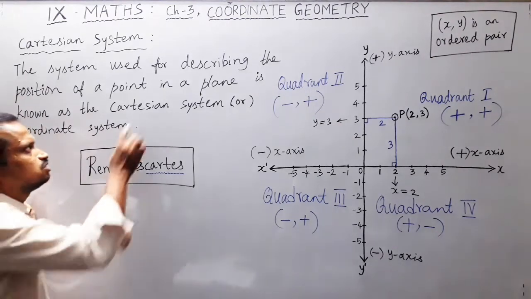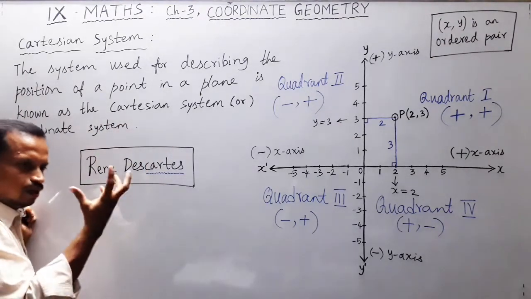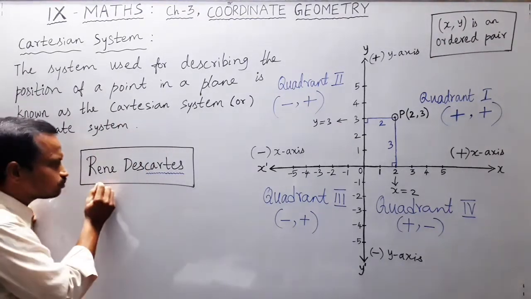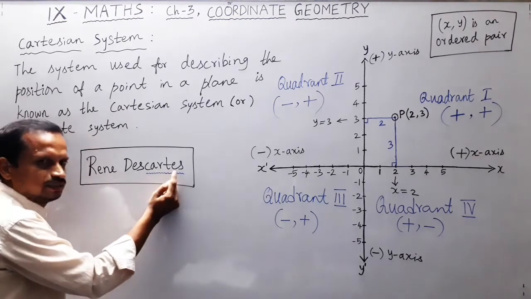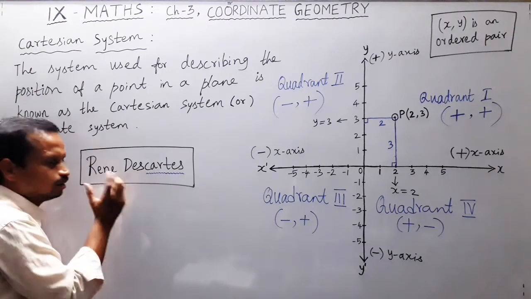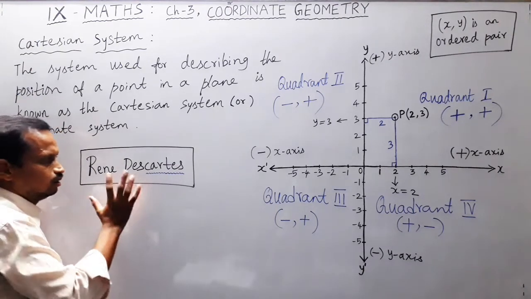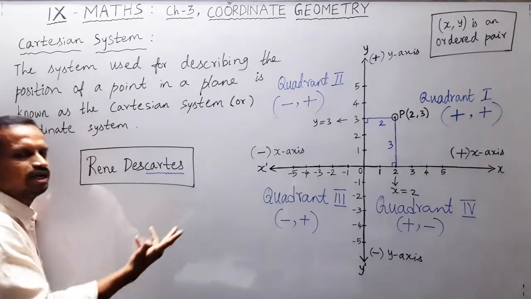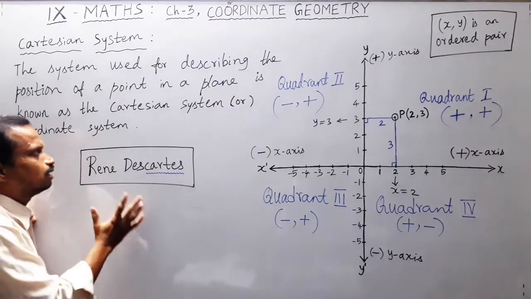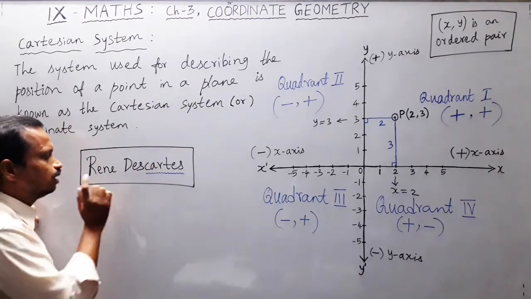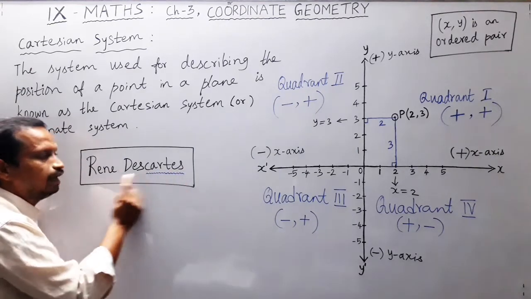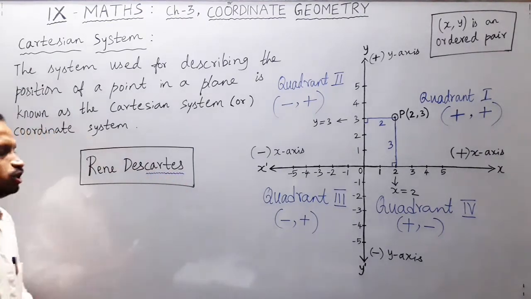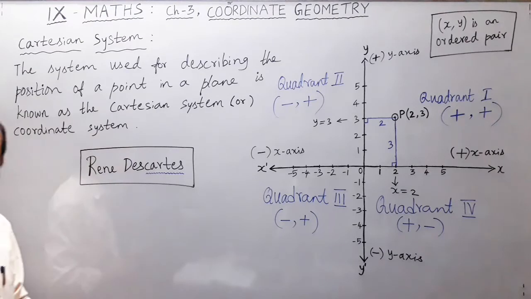But this name Cartesian system came from the name of the author. The mathematician who initiated this study, this coordinate geometry, was René Descartes. That is the pronunciation to spell this name.